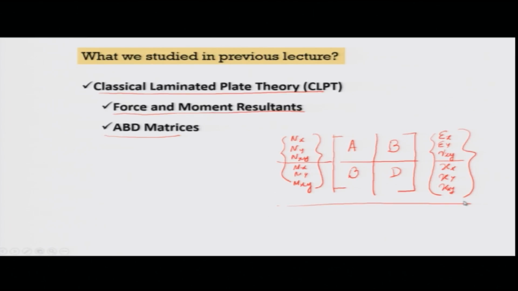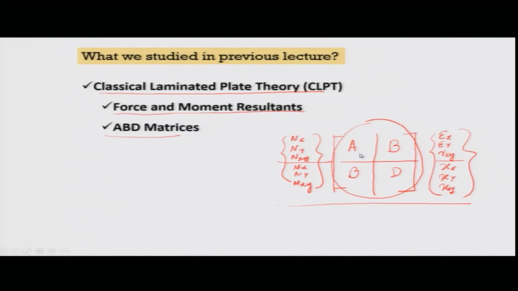Now, what we are going to do today is see the changes in ABD. Remember, that is the plus point of having composites, and if you understand these changes well, you can develop very interesting smart composites also.